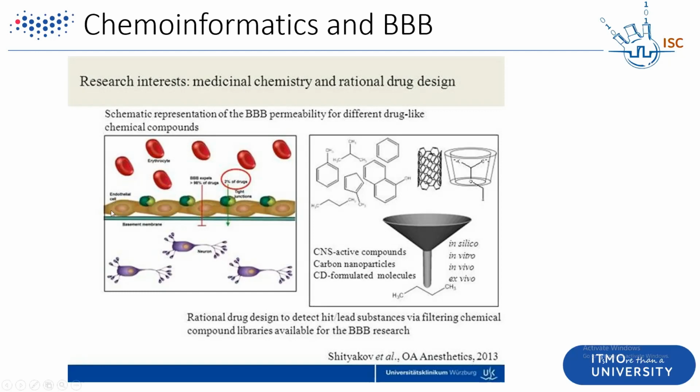Then I put some cells on this membrane. Usually this membrane is made of PET polymer, and it has the same pores which are present in the basement membrane. Then you have to harvest the cells in this membrane, so you will artificially create some kind of a blood-brain barrier which separates the two compartments.